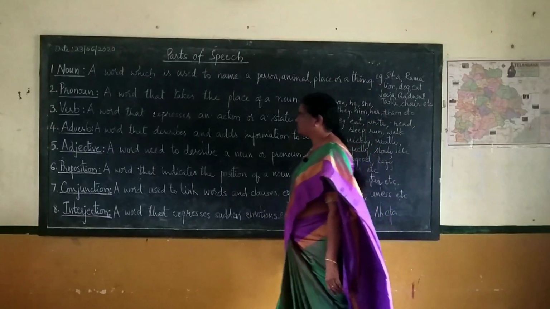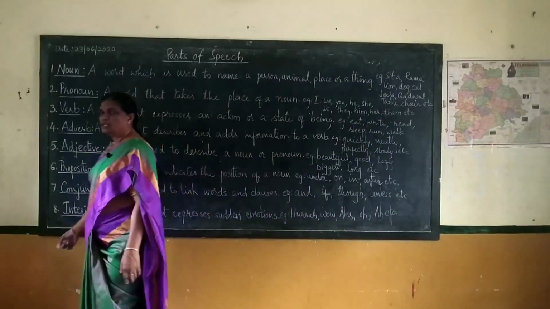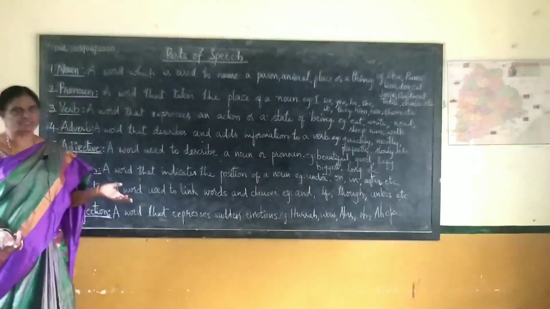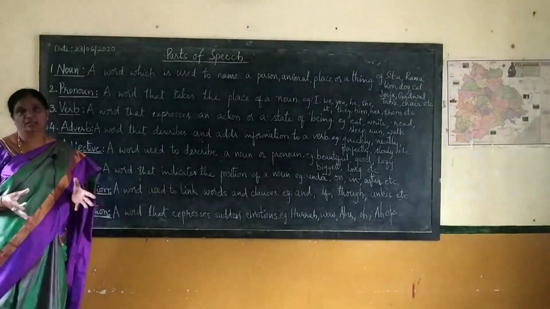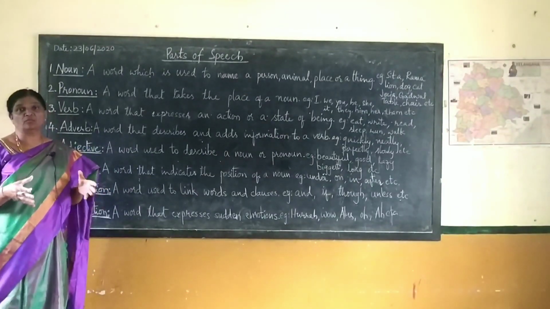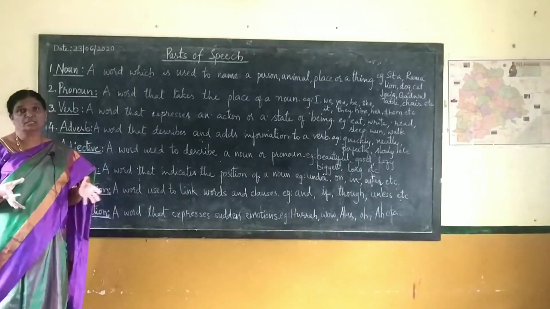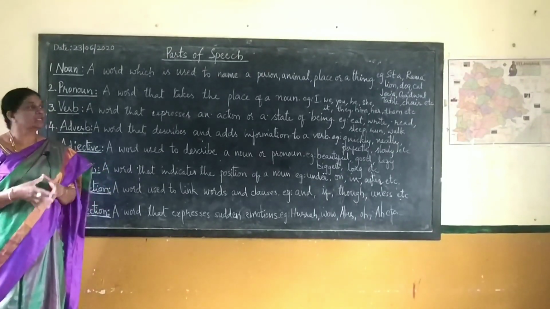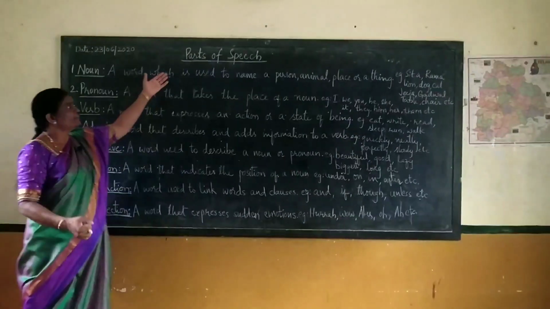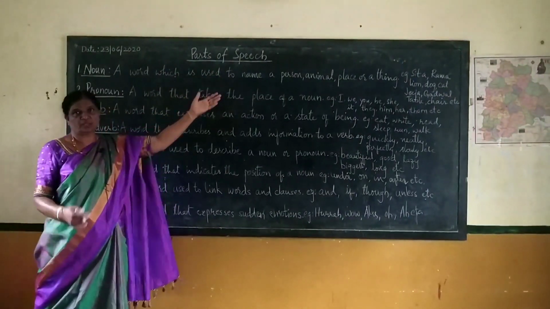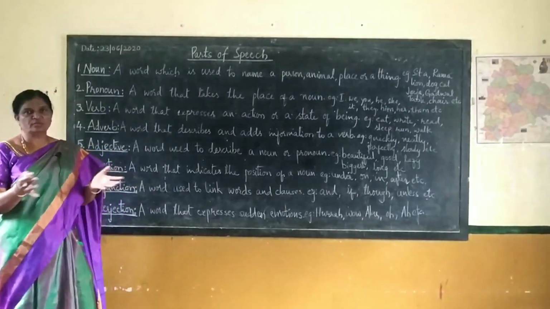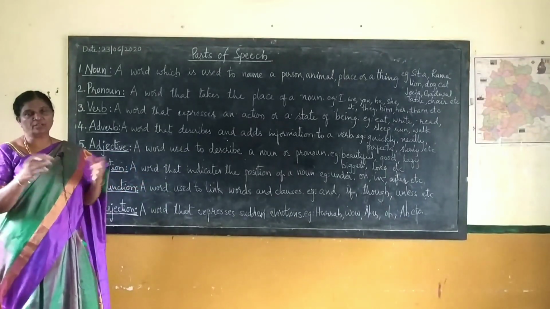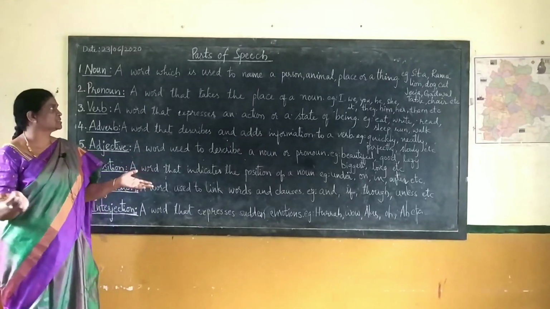So, in our first class, we have learned some fundamentals. What did I say? The words have different functions. According to their functions, they are divided into parts of speech. Every sentence has so many words, but all the words are not the same. They have different functions in those sentences.